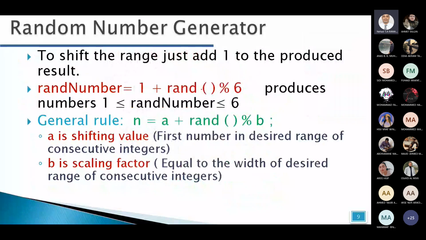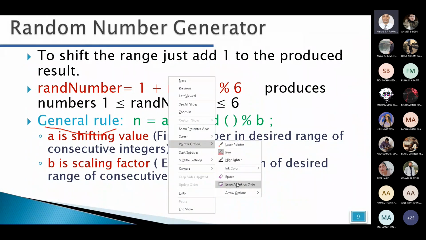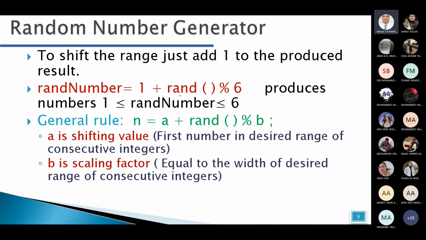Okay, again, this is the general rule for scaling. To get a random number in a specific range, because this rand function will give you a value from 0 to rand max, which is maybe millions or thousands, but you need a specific range, so you make it mod this range plus the shifting, plus a.